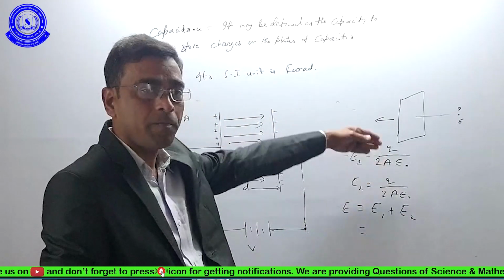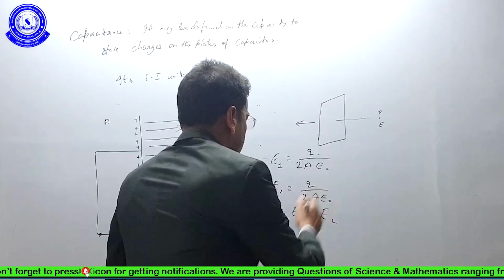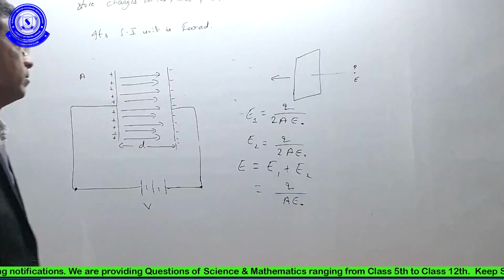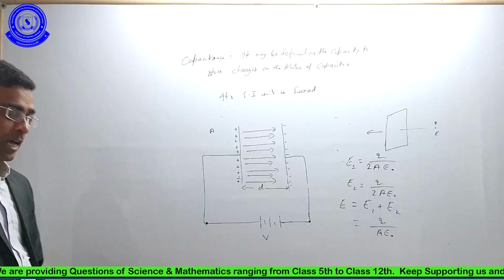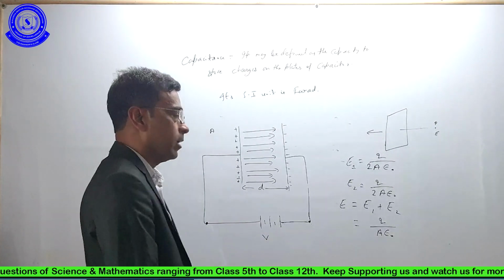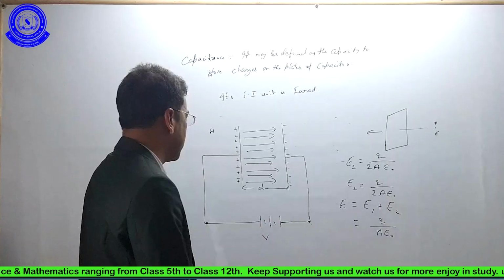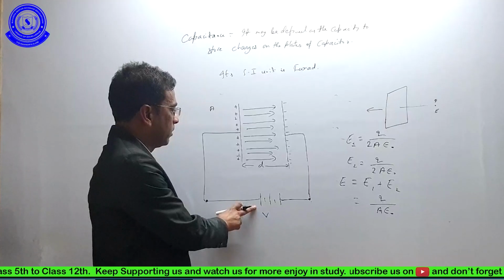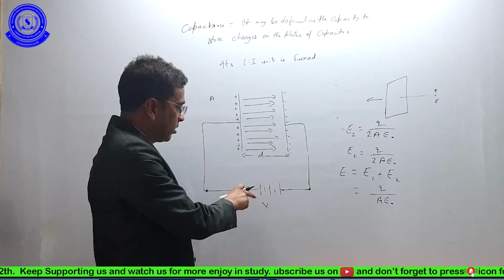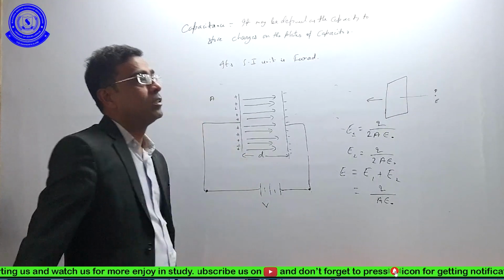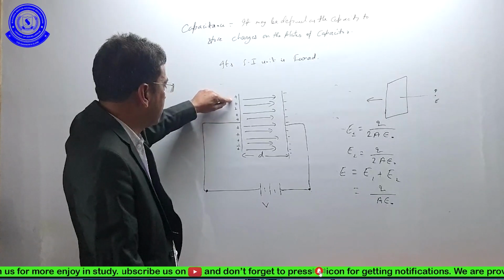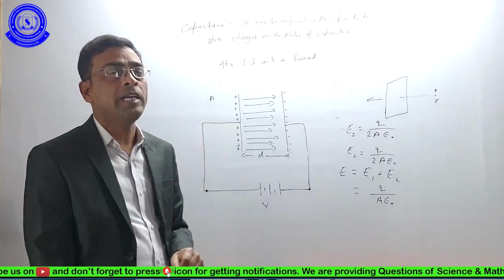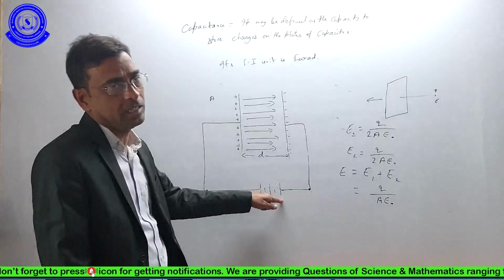Again we have to add, and it will be equal to Q by A epsilon naught. It is sure that if we connect the source of EMF to these plates, and some charge is stored on the plates, the work will be done by this battery or cell.